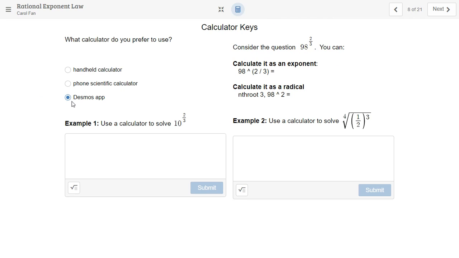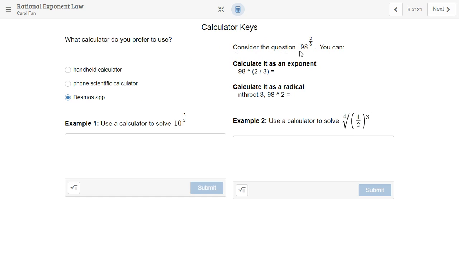So I would personally prefer that you use a Desmos app or a handheld calculator. The phone scientific calculator, the one that comes with your phone, is usually a bit difficult to use. So download the Desmos app instead, and you can just type things in the way it looks.